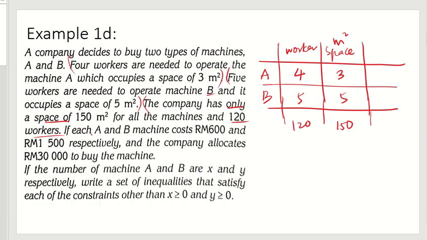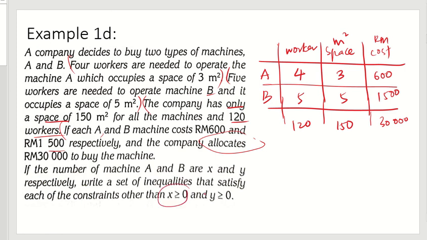The price for machine A is 600 ringgit, and machine B is 1,500 ringgit. Then the company allocates how much money to buy the machines? 30,000. From here, can you form the inequality?